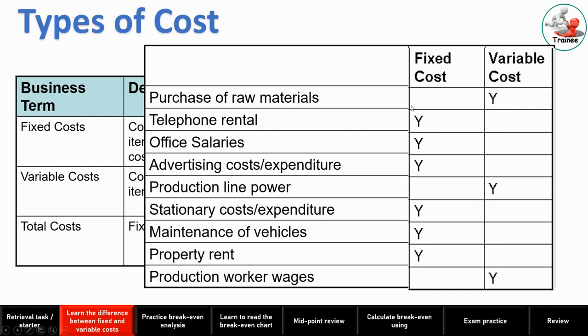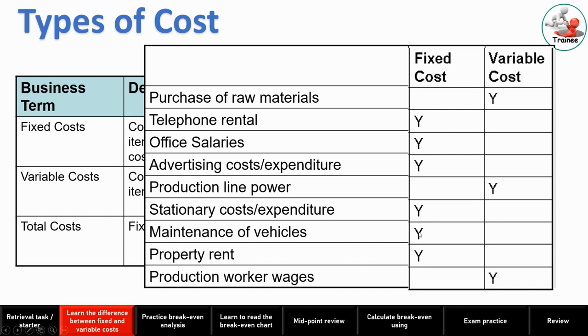So if I have a look at this little table and just think about those definitions for a second. Buying raw materials, well, that varies, doesn't it? The more desks I make, the more materials I've got to buy. Telephone rental, office worker salaries, advertising costs. Well, none of those things go into making desks, but they all have to be paid if I want my business to run. Electricity and gas would normally be an expense, but somehow this business has figured out exactly how much electricity goes into the production line, so that's a variable cost.